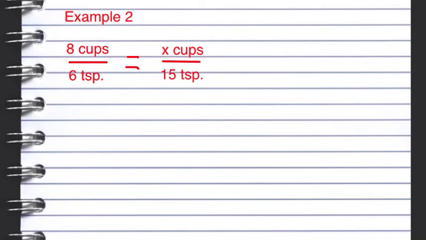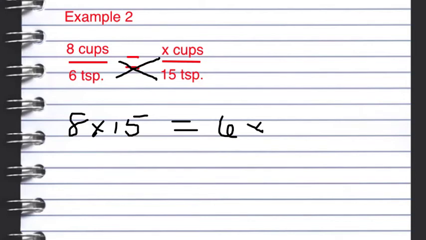So we're going to go ahead and do our cross products. We're going to multiply 8 times 15, and we're going to set that equal to 6 times x. And now we need to multiply 8 and 15, and we'll get 120 equal to 6x. But I want to know just what x is equal to.